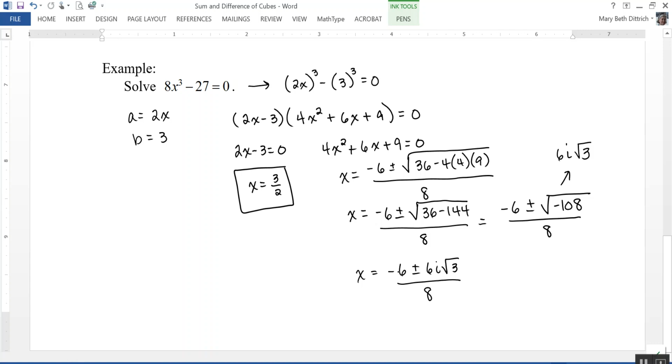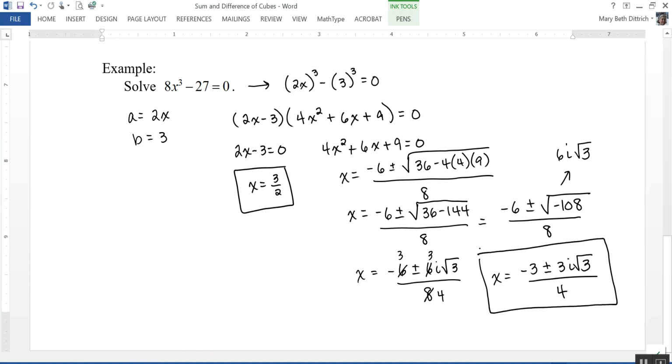And I can divide all of those by 2 and make that a 4, make that a 3, make that a 3. Make sure that you're dividing both of those terms on top. So x is equal to negative 3 plus or minus 3i square root of 3, that's a lot of 3's, over 4. So in other words, this has one real solution and two imaginary solutions.